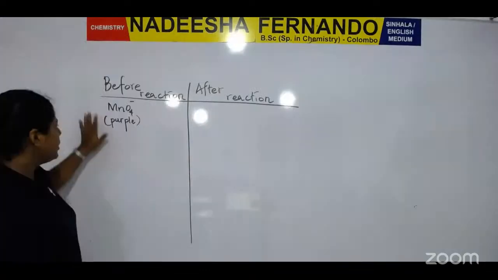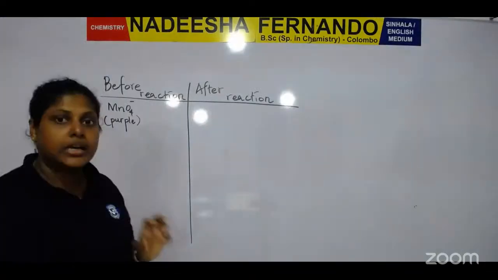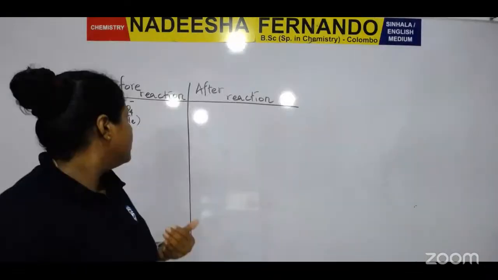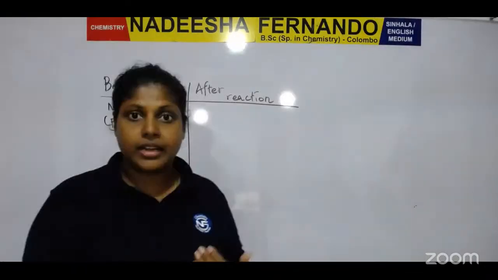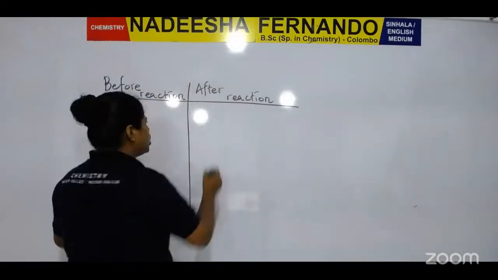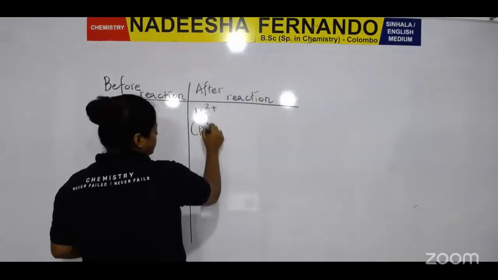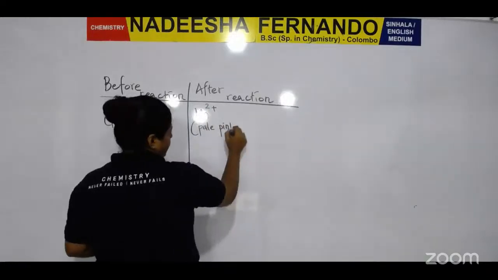Right, MnO4 minus is purple. In acidic medium, the MnO4 minus permanganate ion changes to Mn2 plus, and the color is pale pink.